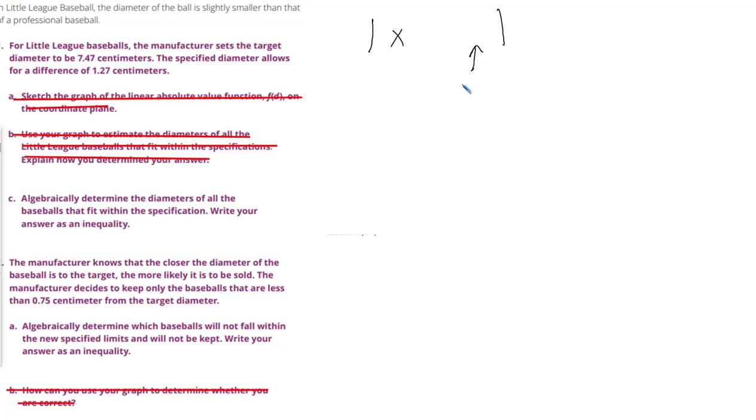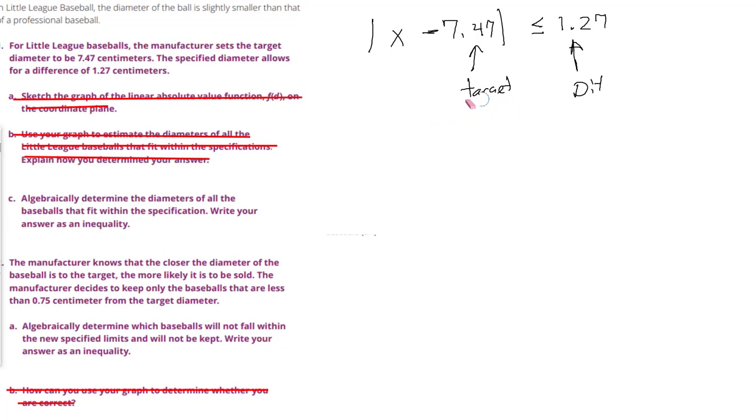Remember, this is our target and this is the difference. Our target was 7.47 and our difference was 1.27. If we're trying to figure out what fits the criteria, we want it to be less than or equal to that.